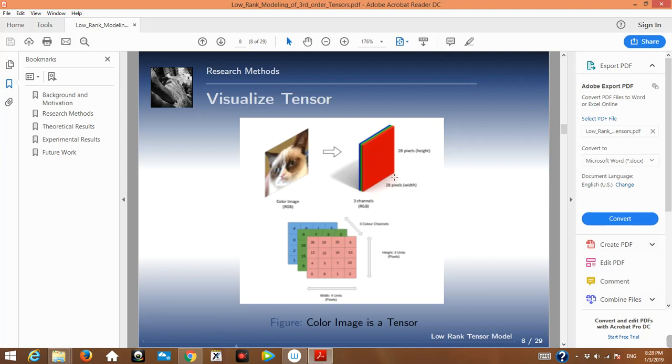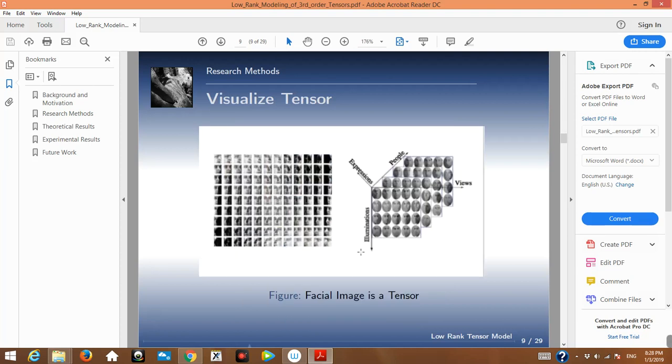We can store this color image in MATLAB as 3 matrices, and those 3 matrices can be stored as a tensor with 3 slices.